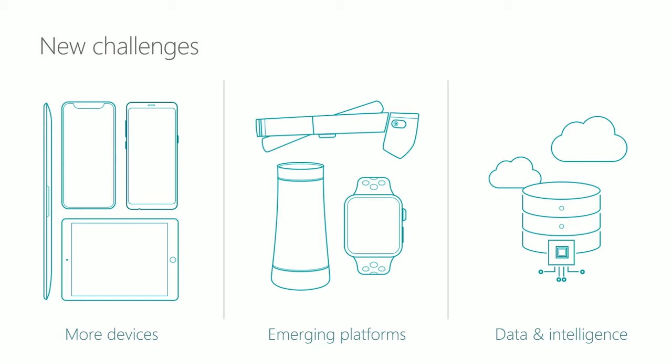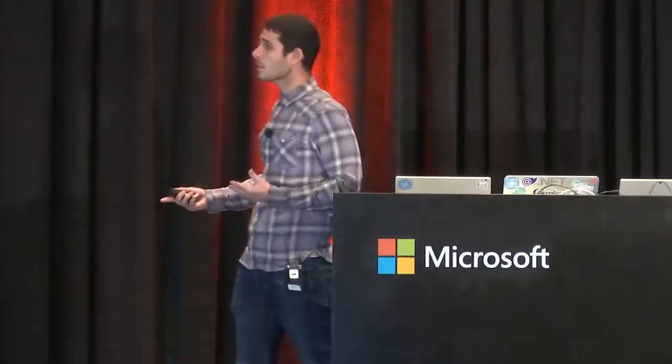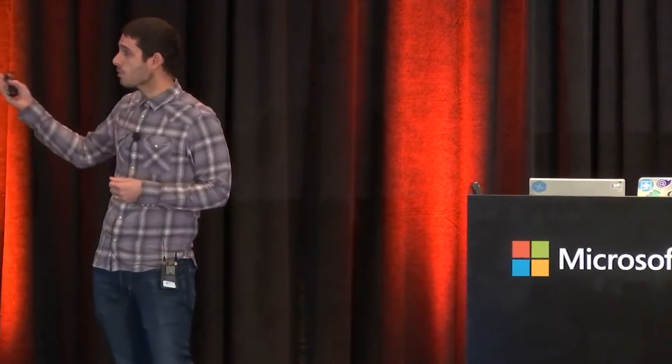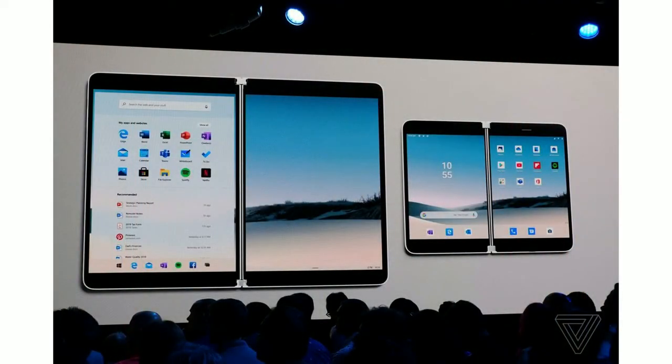That's where I think Microsoft and .NET and Visual Studio all come together to help you tackle these challenges. And you can really see the commitment from Microsoft not only to enable you to develop for these platforms, but for Microsoft themselves to ship hardware combined with software that we as developers can target. Satya talked with Panos a few months ago at the Surface event about our new devices, the Surface Neo and the Surface Duo, and we mentioned them again during the keynote.